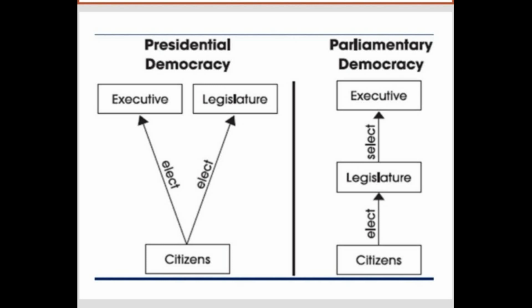How is the prime minister selected in this country? In this country there is no separate election for prime minister, unlike the president in the United States. Here the legislature, the Lok Sabha, which is elected by people, decides it; it is a party decision.